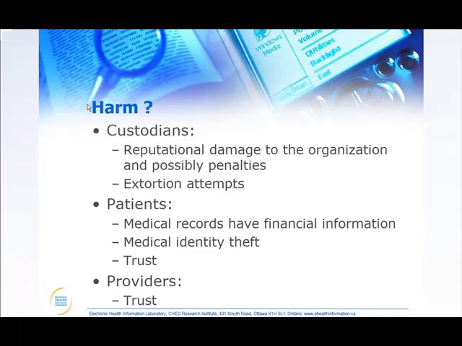Then, of course, there are cases of medical identity theft, and then there's the issue of trust. Even if there's no harm per se, because people change their behavior, they may actually cause harm to themselves through their behavior changes. And then, of course, providers, there's the issue of trust as well.